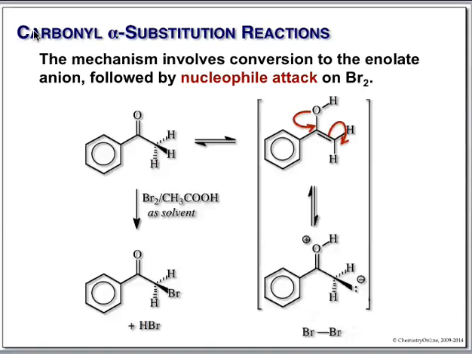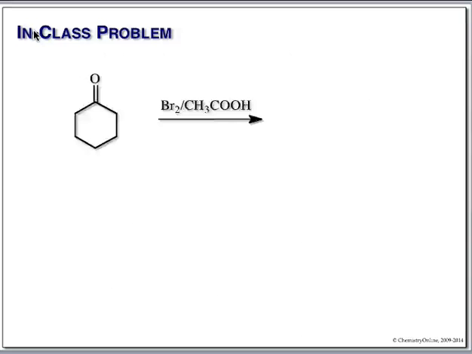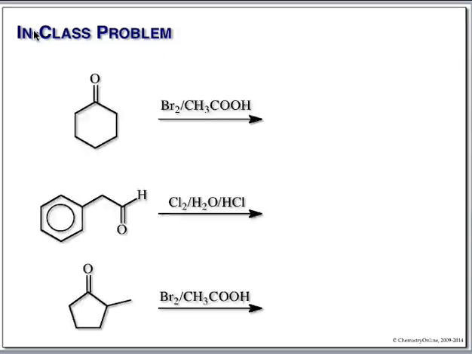The reaction here is simply the carbanion attacks bromine, bromine splits, we get HBr and our alpha bromo compound. Any questions? Very simple reaction, acid-catalyzed enolization. That gives us electron density here, and that is our nucleophile. Very quickly then, go ahead and write the products for these substitution reactions.